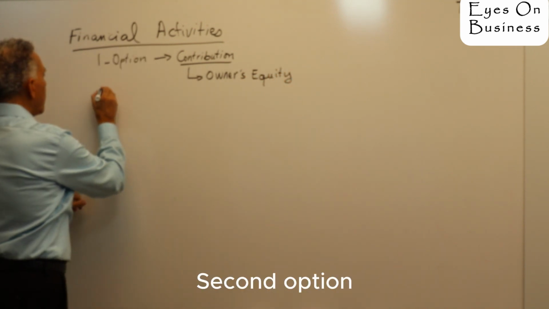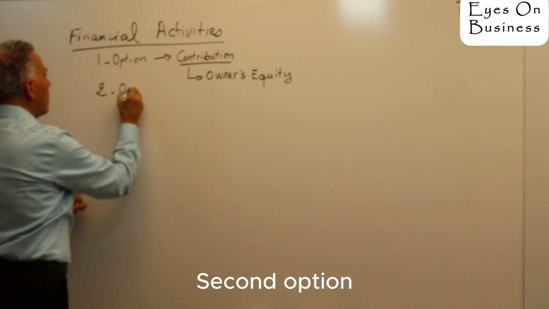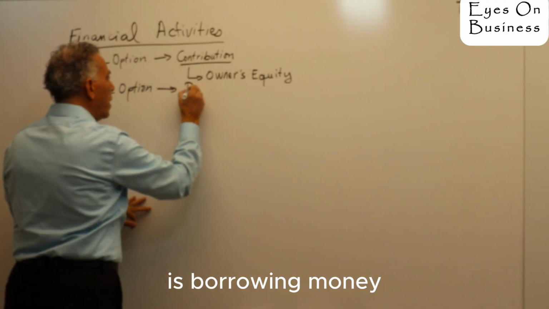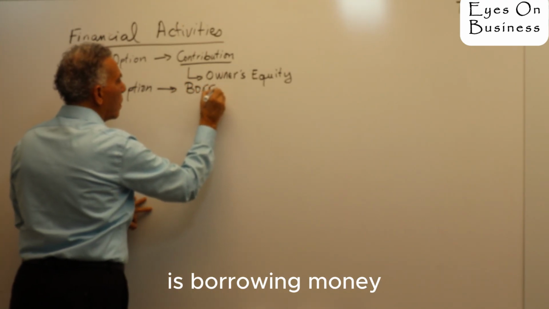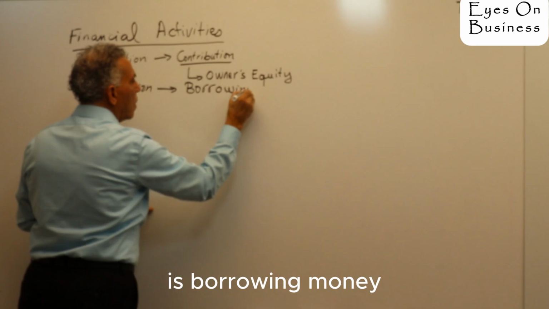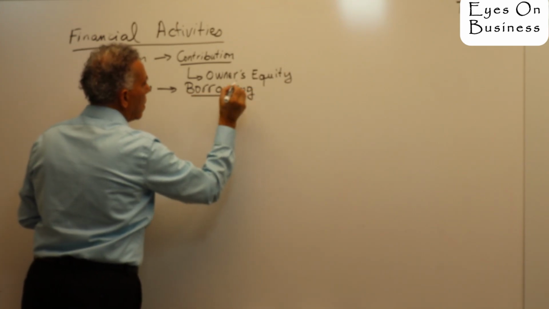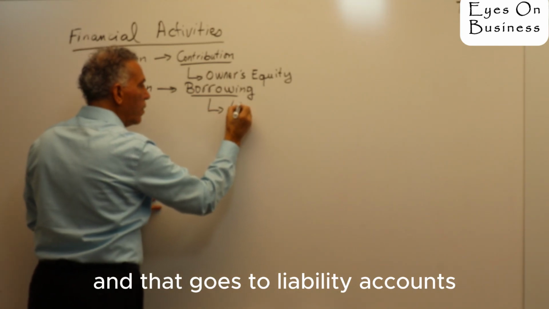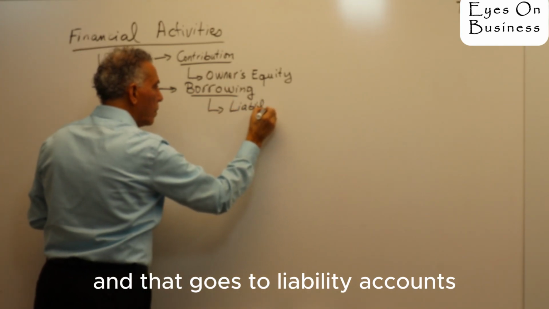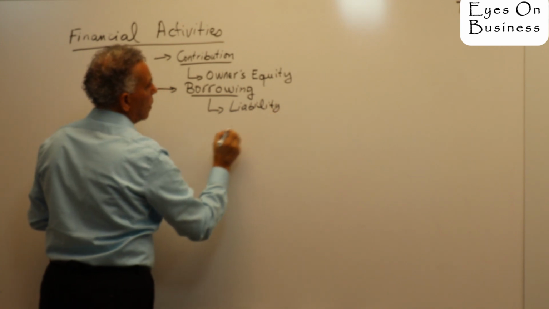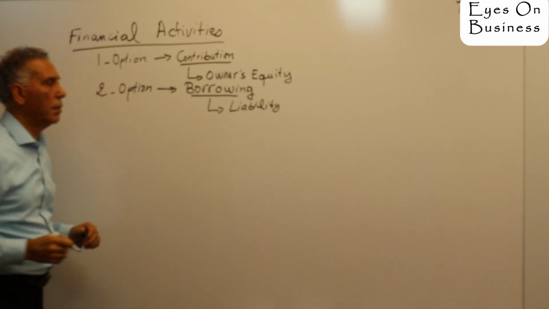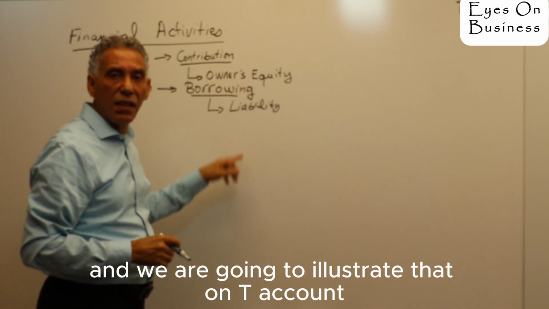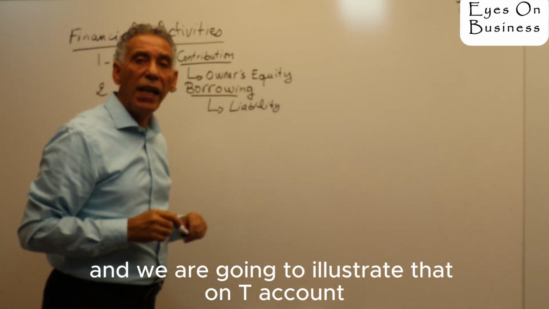Second option is borrowing money. That goes to liability accounts. It's a debt. And we are going to illustrate that on T accounts.